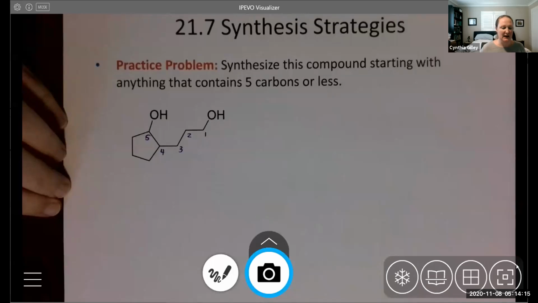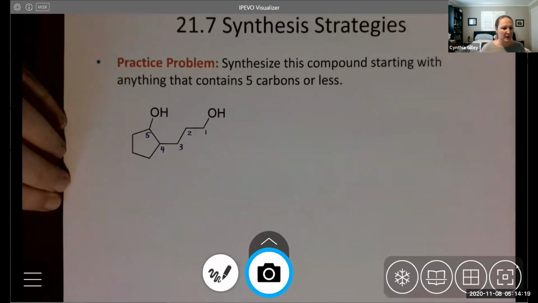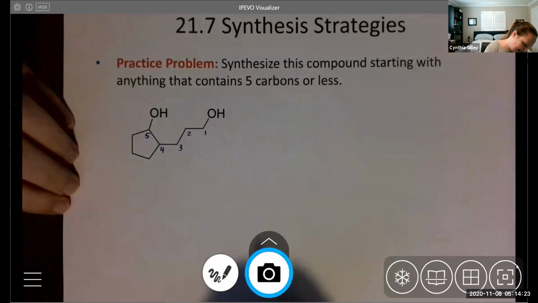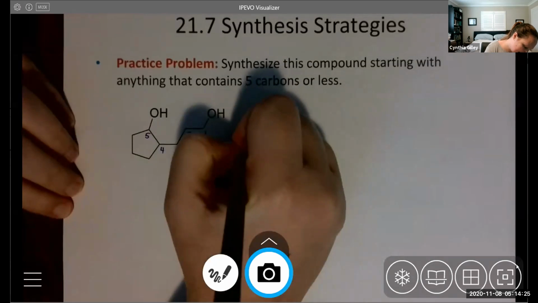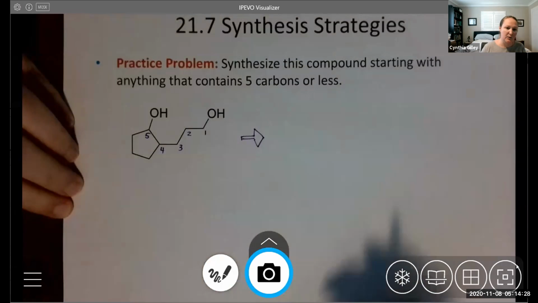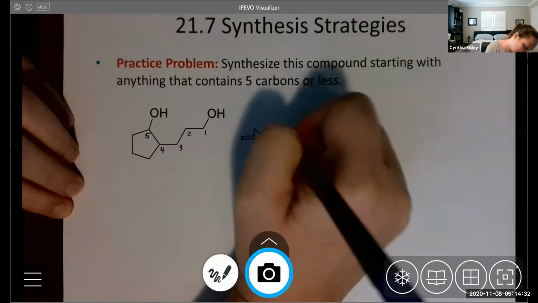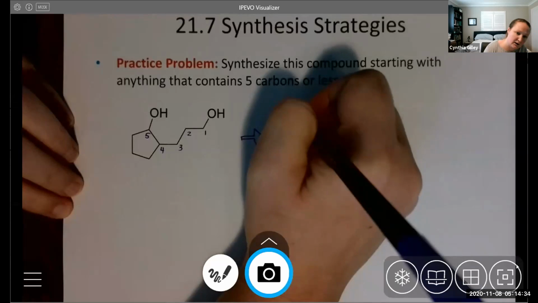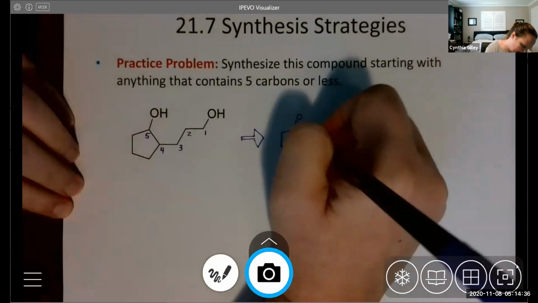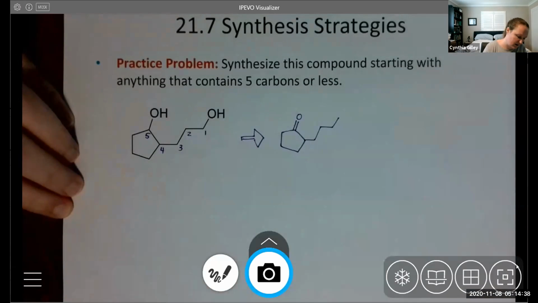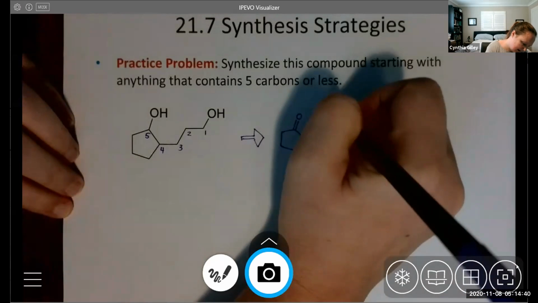And just remember that alcohols and carbonyl compounds are related through redox reactions. So perhaps if I think about the fact that this might have come from a 1,5-dicarbonyl, I can instead convert that secondary alcohol to a ketone and convert the primary alcohol, carbon 1, to an aldehyde.